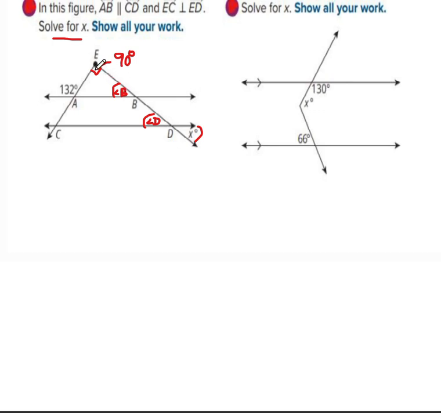Now we know that angle E here is 90 degrees because this is the point where the two perpendicular lines EC and ED meet. So if we can determine this other angle here, then we can easily add it to 90 degrees and subtract from 180 to get angle B, because the interior angles of a triangle add to 180 degrees.